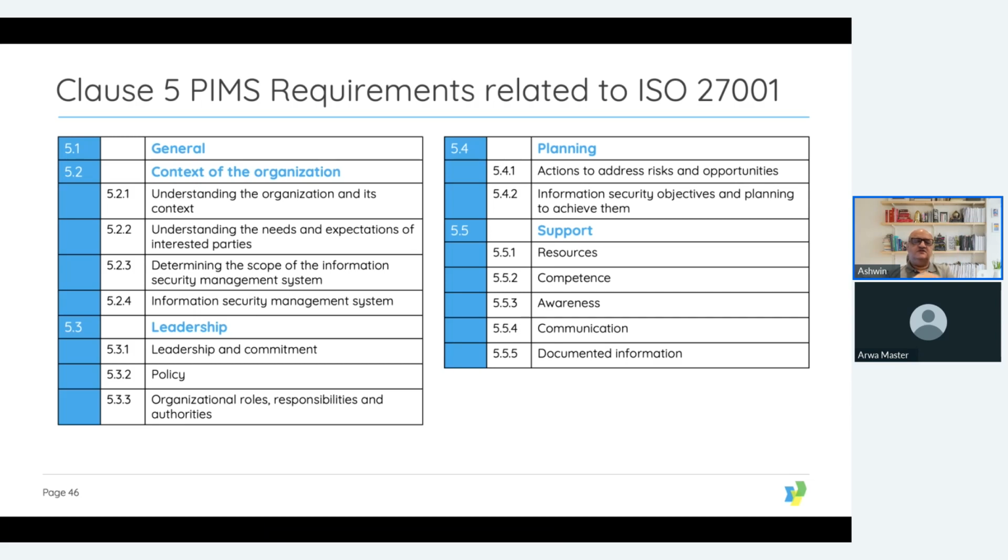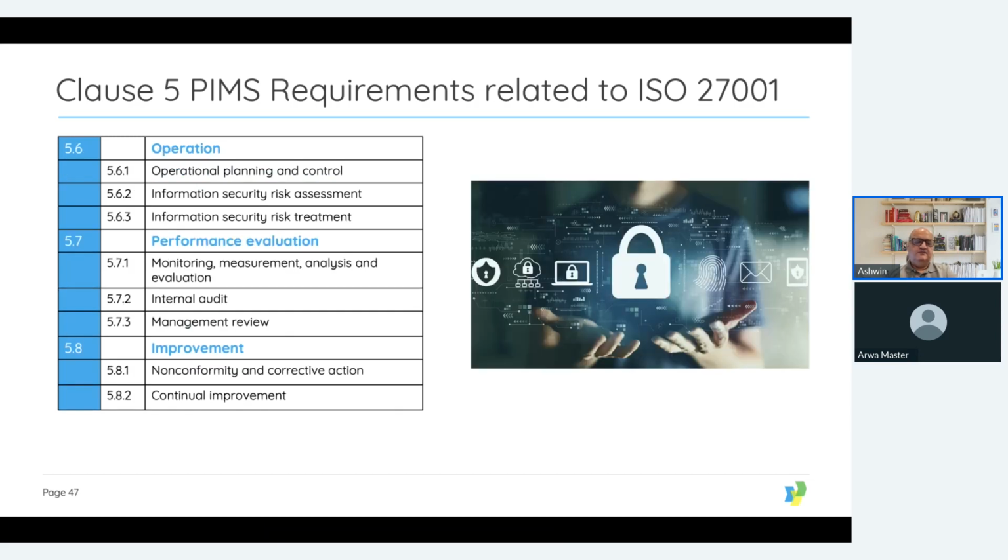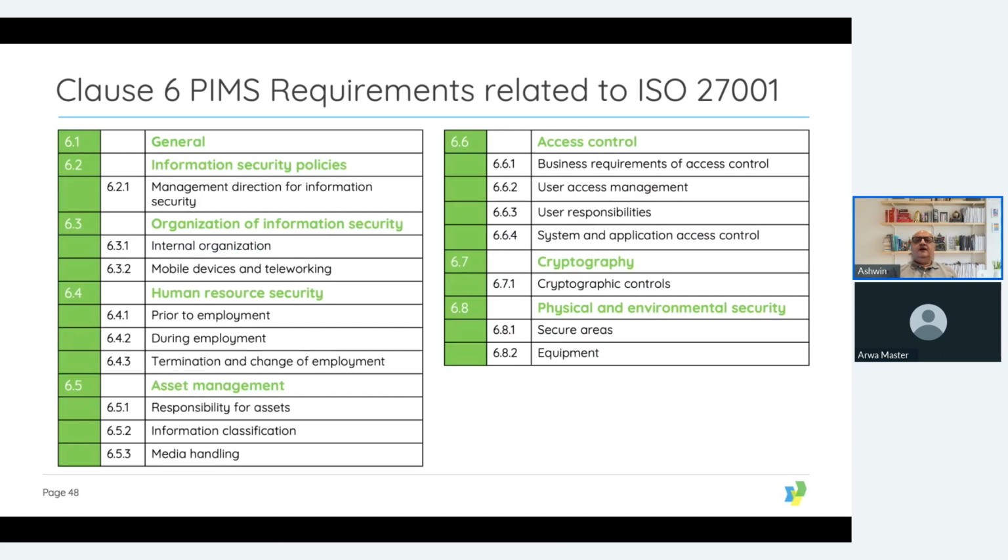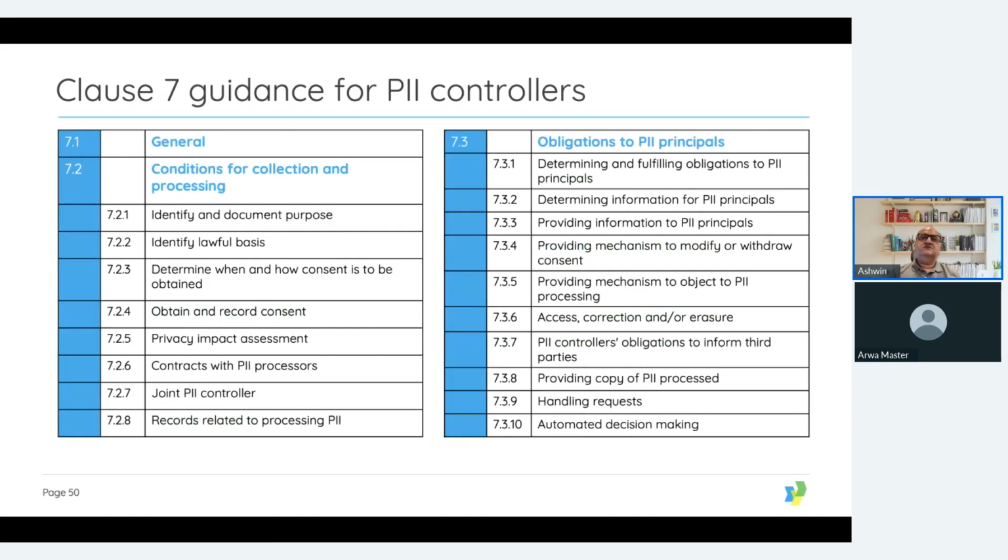I'm just glancing through this because of paucity of time. Then I will directly come to the requirements for Clause 7, guidance for PII controllers, which is directly relevant to privacy. Now, the PII controller, as we have seen, is a data fiduciary under the DPDP Act.